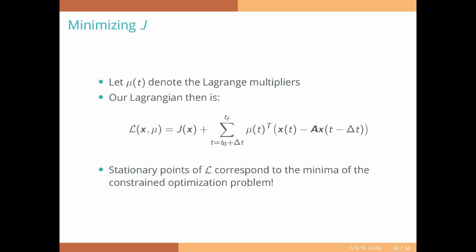This is where you can start to see that the Lagrange multipliers enforce our constraint. Importantly, the stationary points of our Lagrangian correspond to the minima of our constrained optimization problem. So by finding the stationary points of the Lagrangian, we can subsequently find the minimum of our loss. And that's what we're going to do.